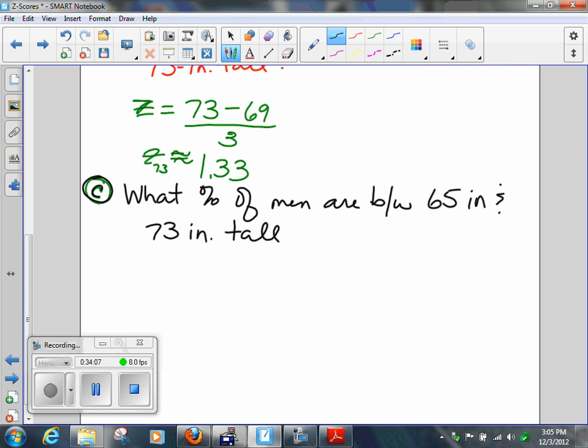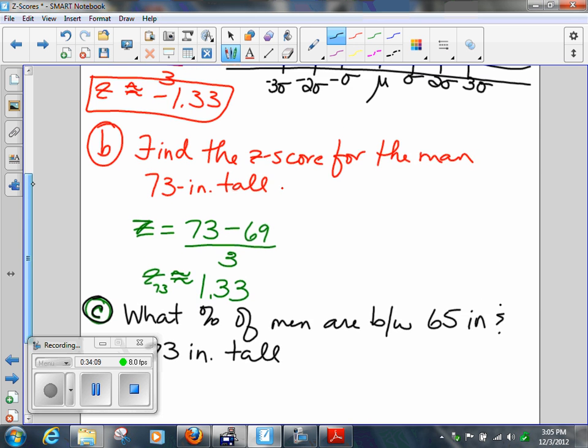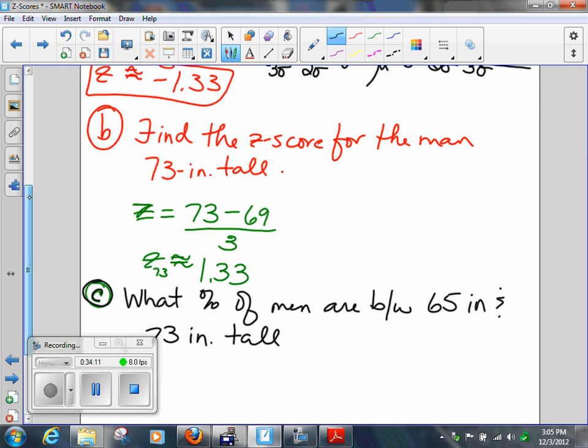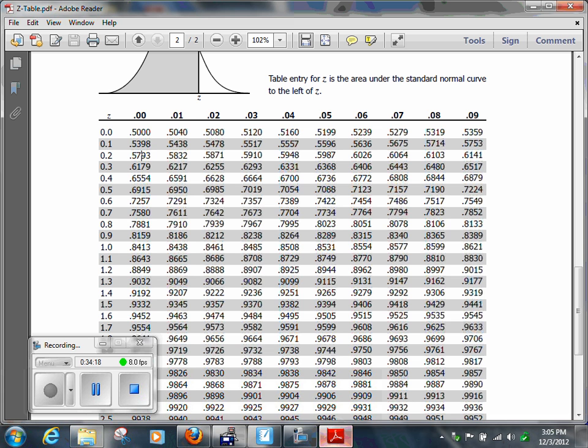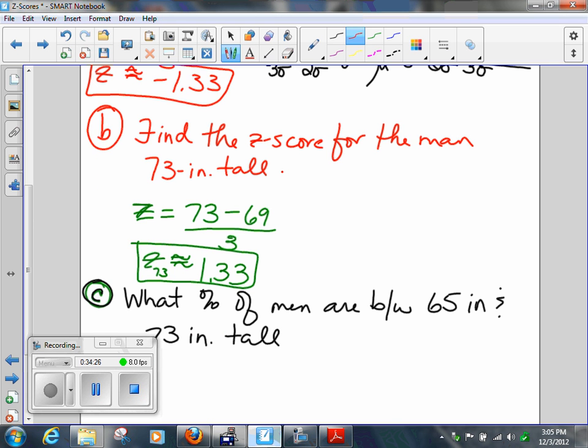All right, so we totally have to go to our Z table, and we've got to find both of these decimal numbers, okay? So let's go back to our Z table and find the Z-score for 1.33, which is here, 0.9082.